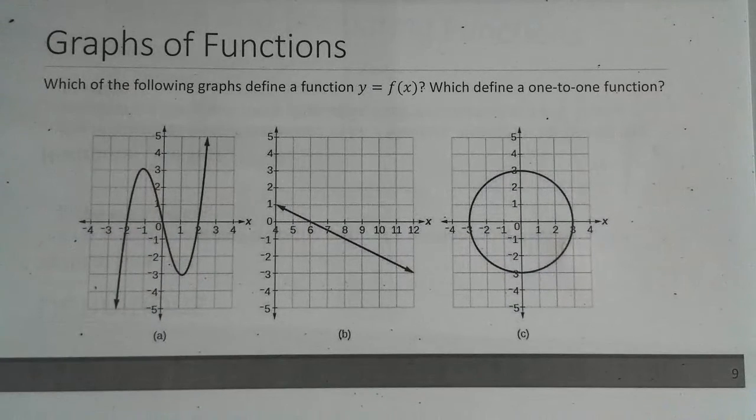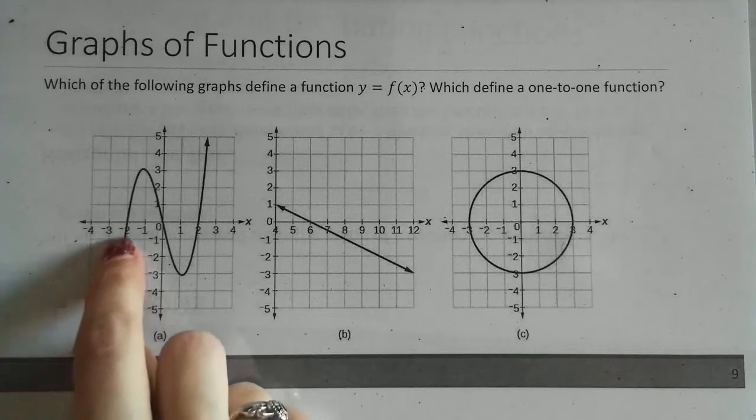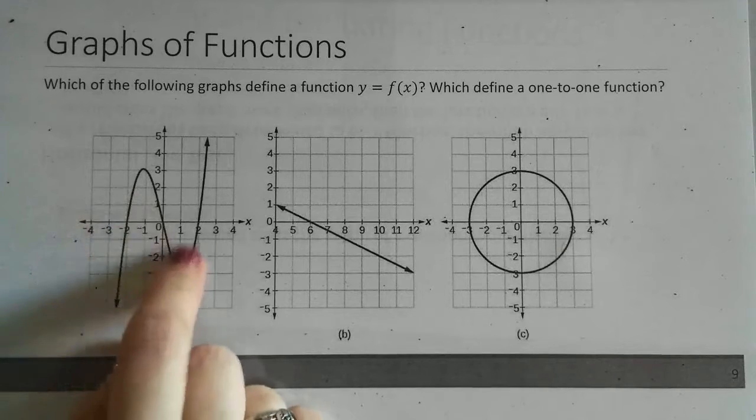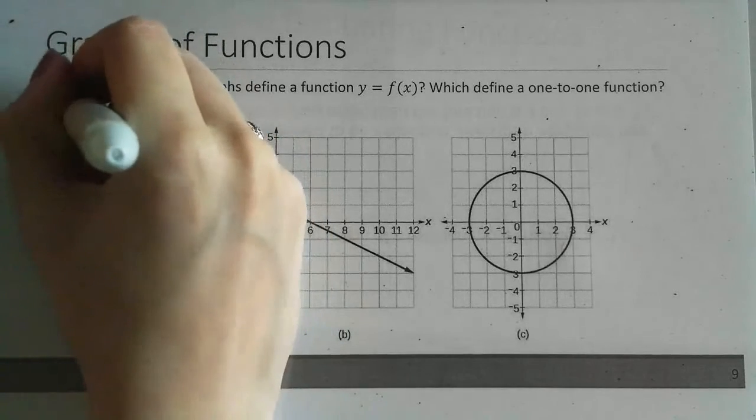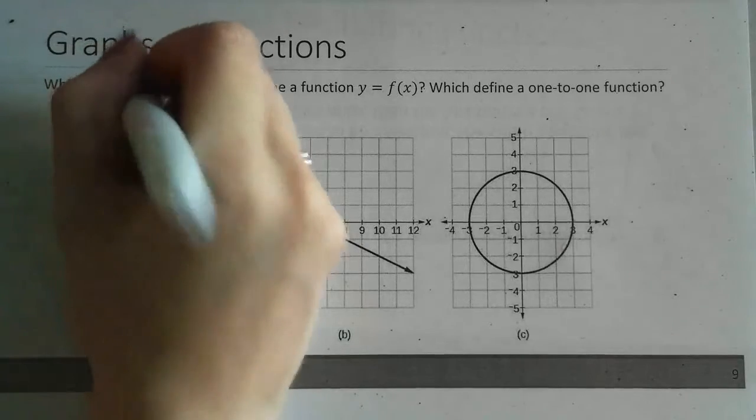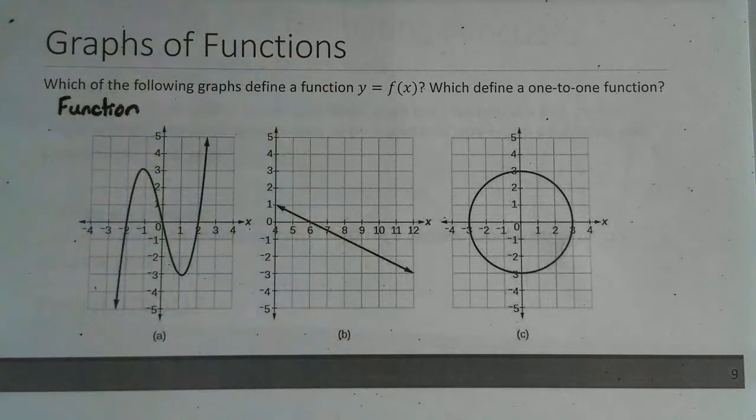So let's start with graph A. Since x is the input, we want to check to see if each x has only one y value. Well, we don't have any repeated x values, so this one's a function. Let's check to see if it's one-to-one. One-to-one means given an output, is there only one input for it?